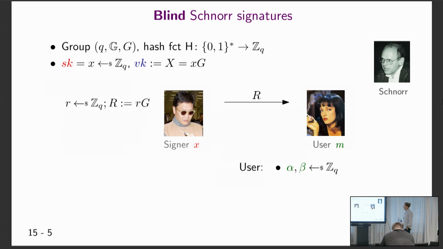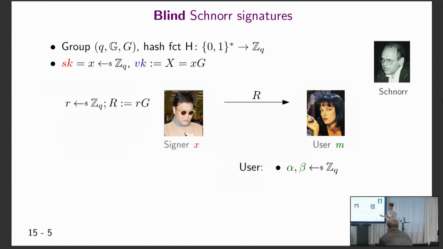So Schnorr himself came up with this amazing way of blinding things so that the user obtains a signature that the signer doesn't know.